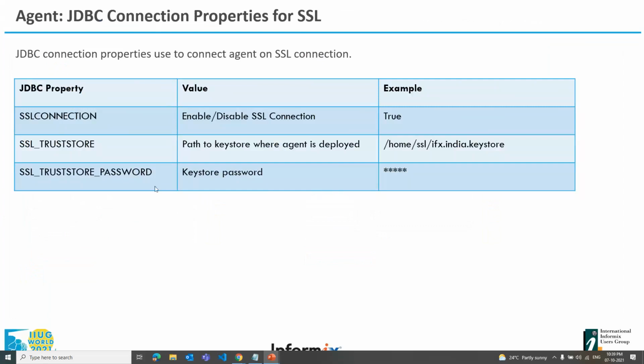The first is SSL connection. It is basically a Boolean value, it can be true or false. If it is true, it will get these two properties. If it is false, it will ignore these two properties. The second is SSL underscore trust store. Basically this is just a path to the key store where the agent is deployed.